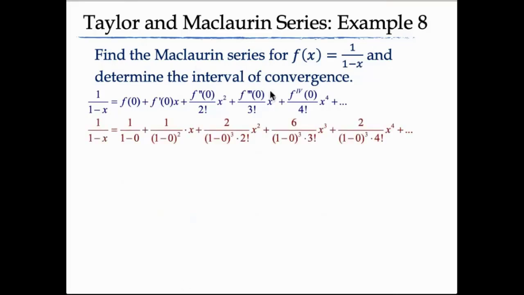If you do that, for the original term we get 1 over 1 minus 0, or just 1, plus 1 over 1 minus 0 squared, which is still 1, times x, plus 2 over 1 minus 0 cubed times 2 factorial times x squared, plus 6 over 1 minus 0 cubed times 3 factorial times x cubed, plus 2 over 1 minus 0 cubed times 4 factorial times x to the 4th, plus and so on. Okay, so if you just keep finding its derivative at 0, you could evaluate that.